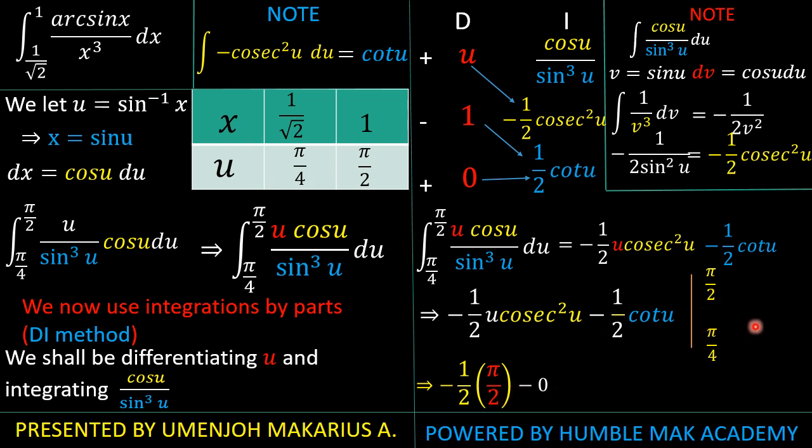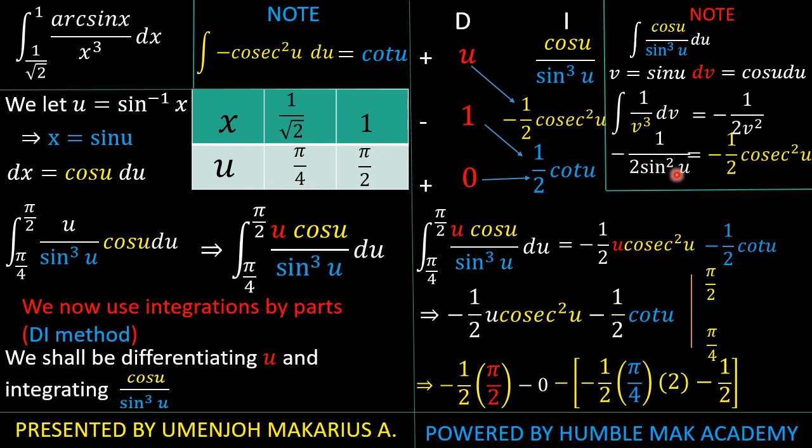Then now, guys, if we plug in pi over 4 here, all we are going to have is negative 1/2 pi over 4. That's minus into negative 1/2 here, then pi over 4. Then cosec squared pi over 4, guys.